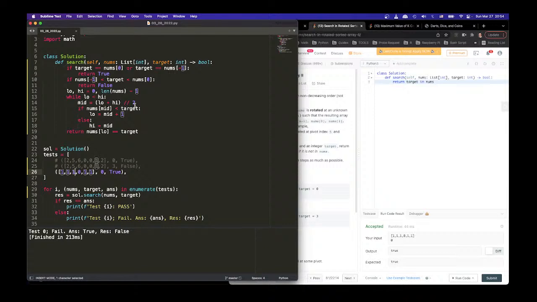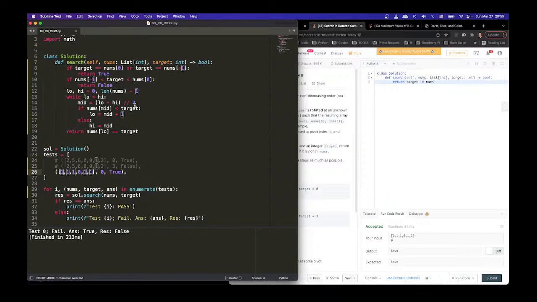Its mid is smaller than the target. There are two scenarios. If the target is smaller than, so either it's within left or it's within right. Both are good, but the problem is if it's split. Right, the mid is on the left and the target is on the right.